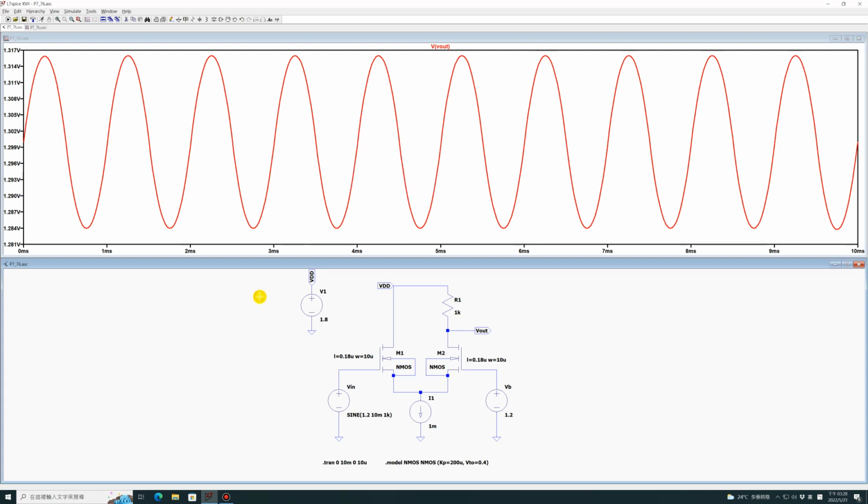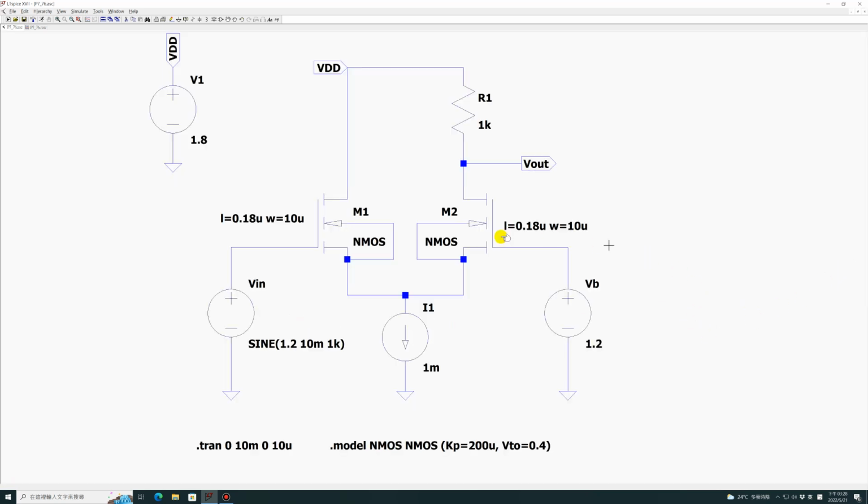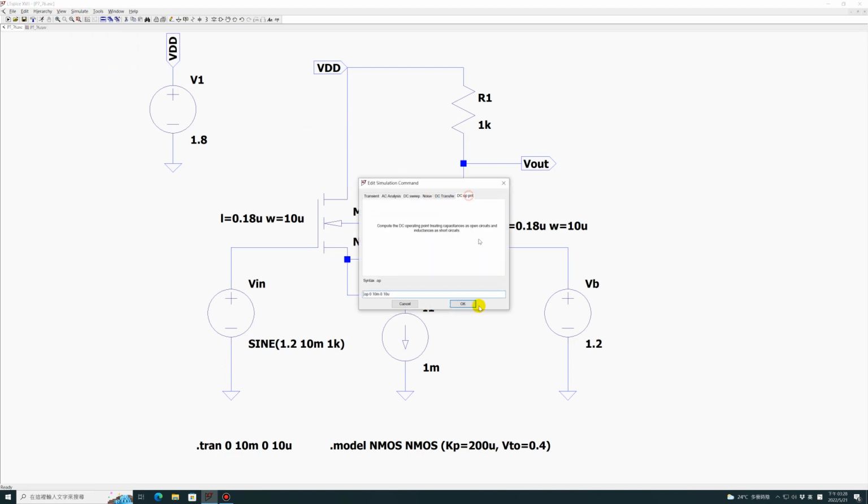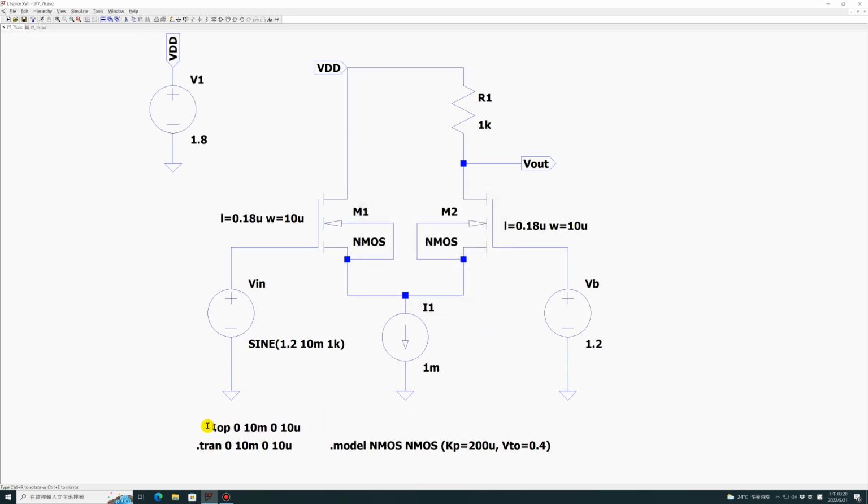Let's calculate the average. So let's first do the operational point. So get the DC out. OP point.